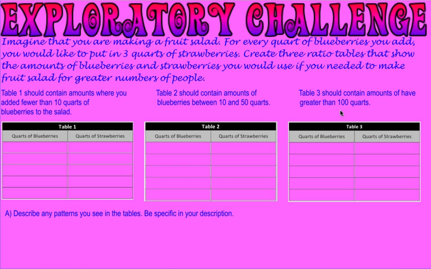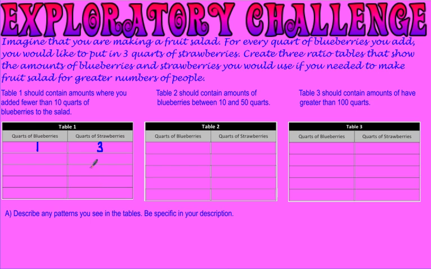All right, so what we're looking at here is we know that when it says just "for every quart," they mean 1. So for every 1 quart of blueberries, we add 3 quarts of strawberries. Well, I want you to take this opportunity to fill out the last couple of parts of table 1.